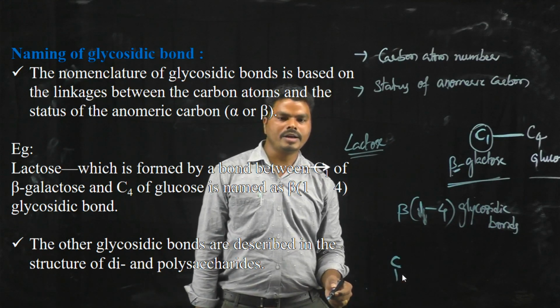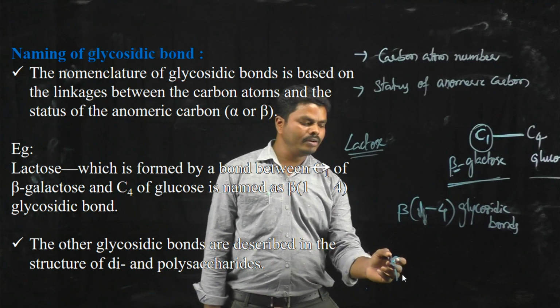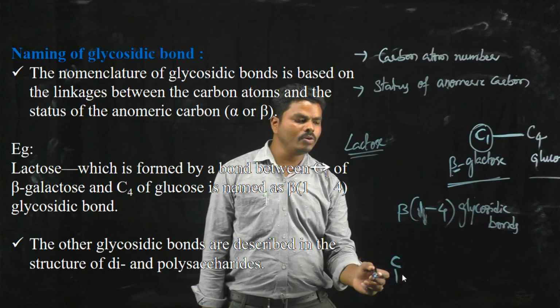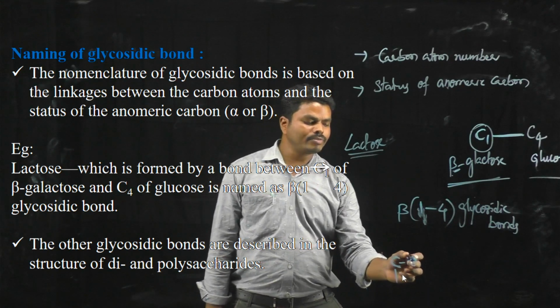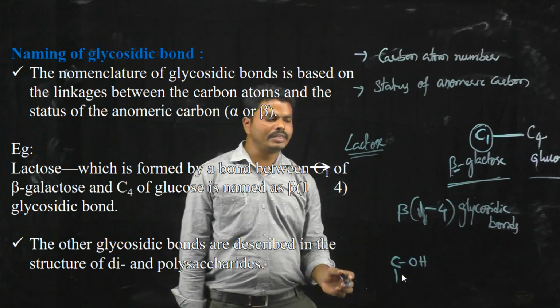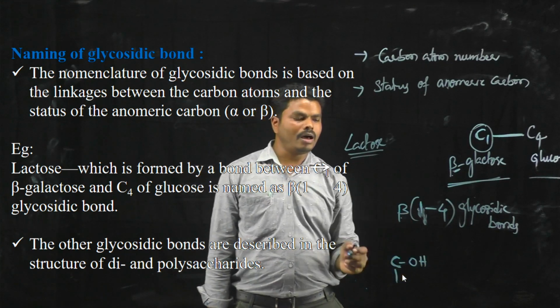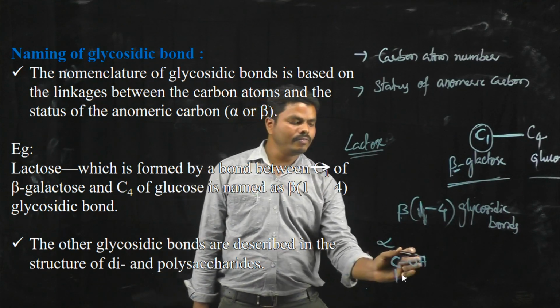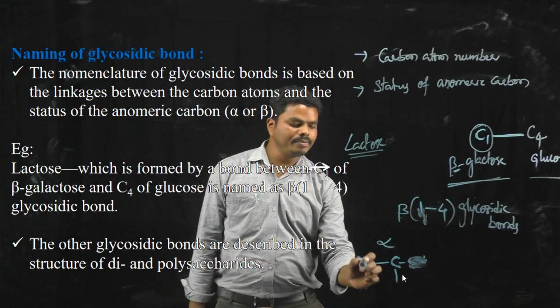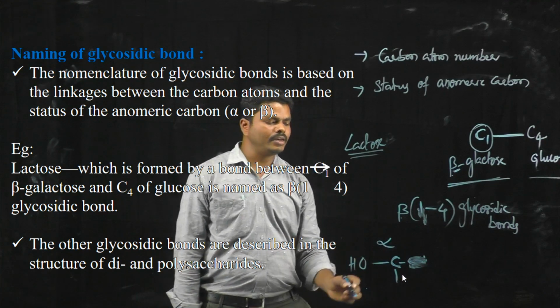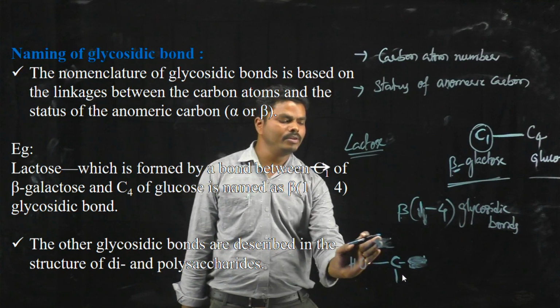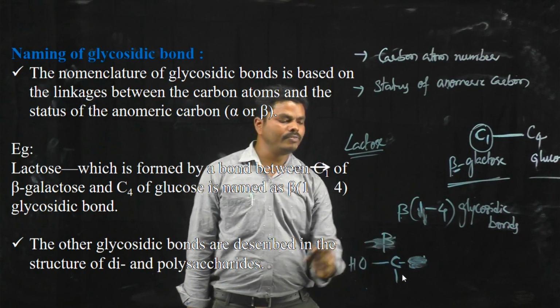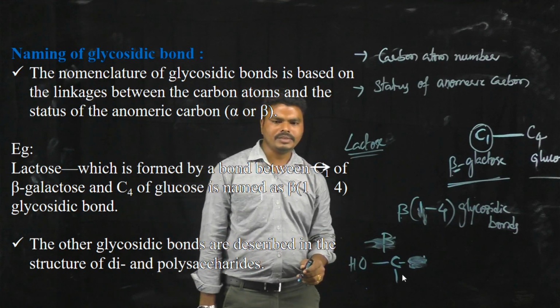If the OH group on this carbon is on the left side, then it is considered the alpha form. Or when the OH group is attached to the right side of this carbon atom, then it is named the beta form.